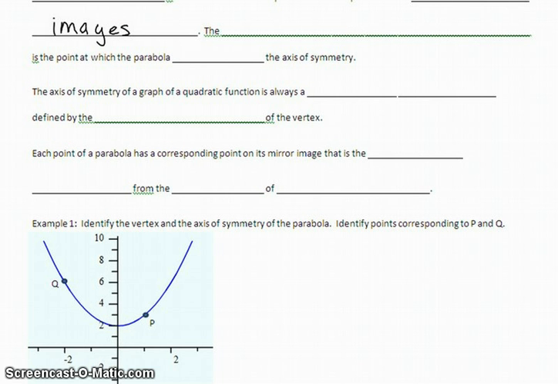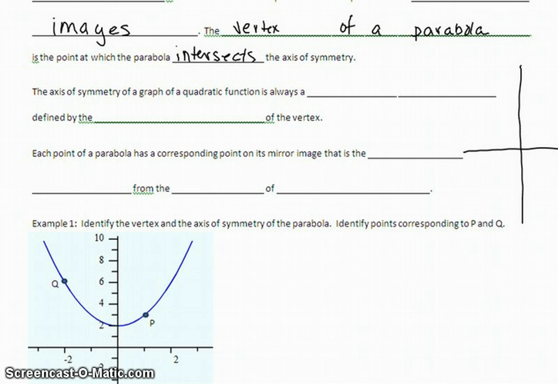Now the vertex, that's V-E-R-T-E-X, of a parabola is the point at which the parabola intersects or meets the axis of symmetry. So let me draw another picture of a parabola here on the side so we can demonstrate some of these. I kind of lost that when I moved my screen.